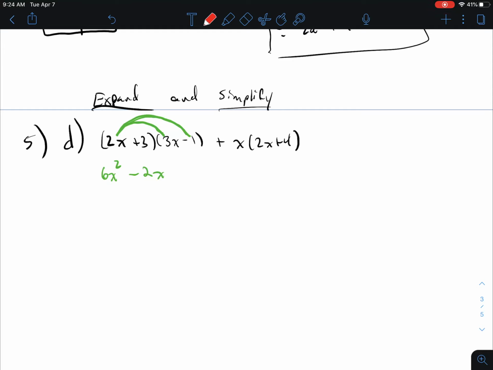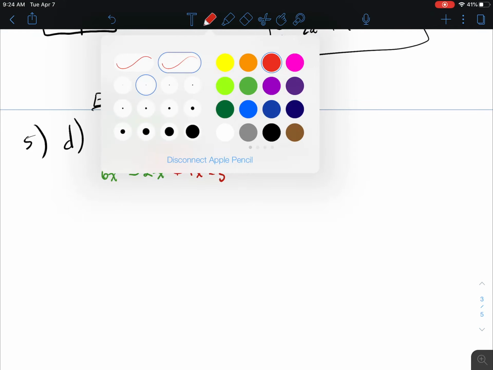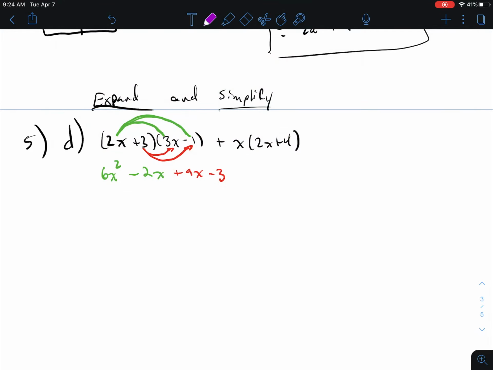Then I jump down to the next one. I've got to do the positive 3 that's in the bracket, so I'm going to go positive 3 multiplied by 3x, and positive 3 multiplied by negative 1. 3 times 3x is going to be plus 9x, and 3 multiplied by negative 1 is going to be negative 3. And then we've got one more to do.